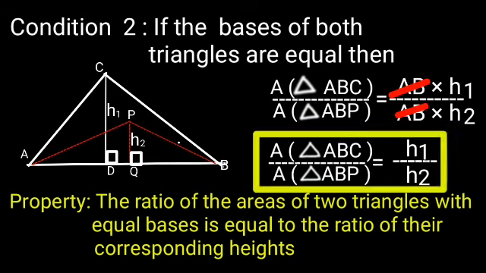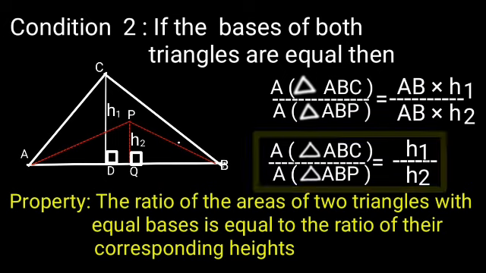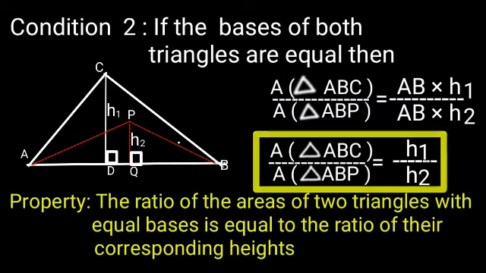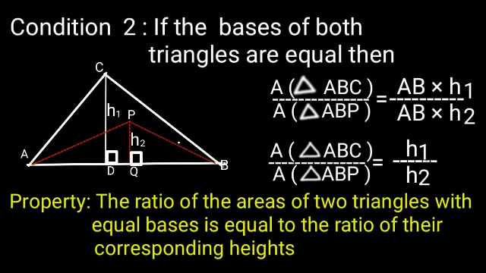Hence area of triangle ABC upon area of triangle ABP is equal to H1 upon H2. From this second condition, the property is: the ratio of the areas of two triangles with equal bases is equal to the ratio of their corresponding heights.